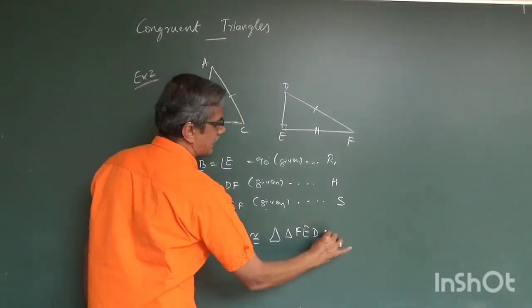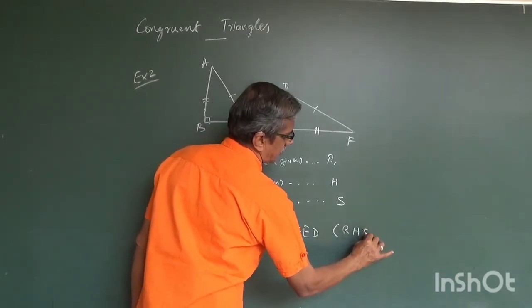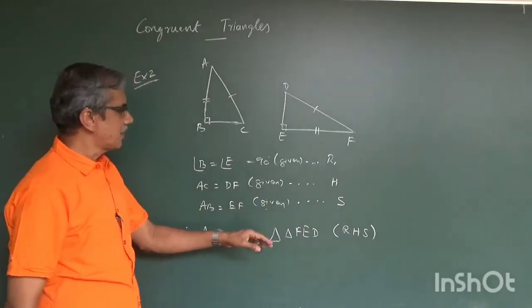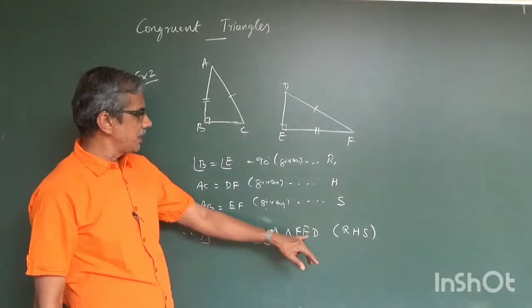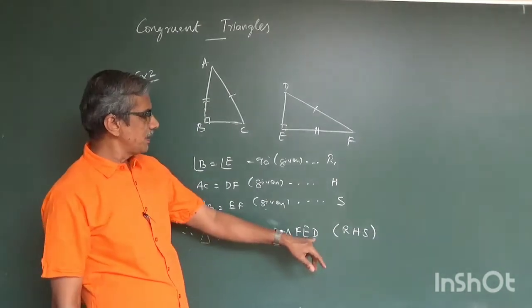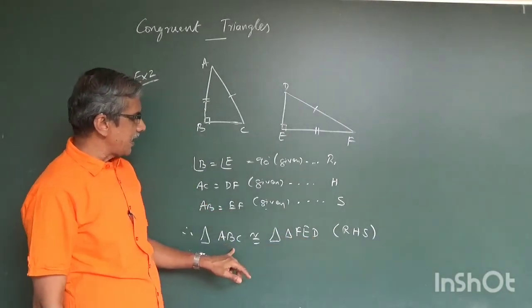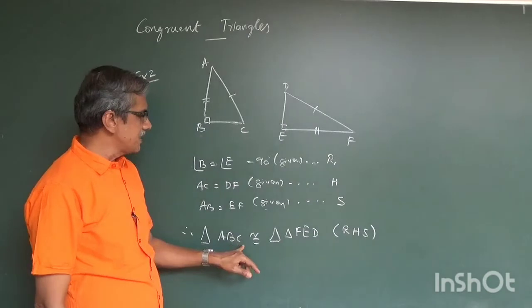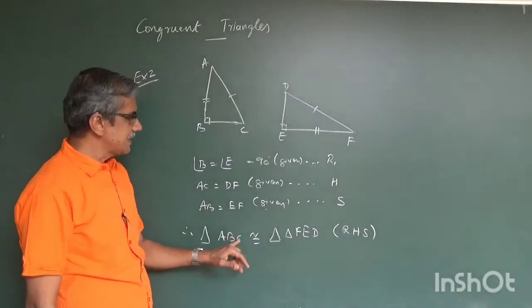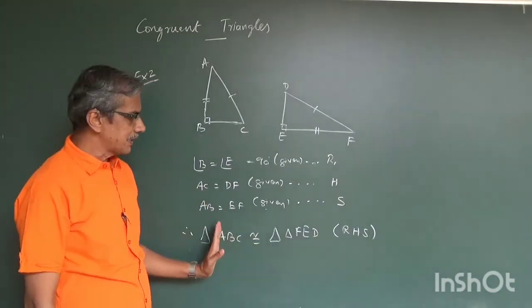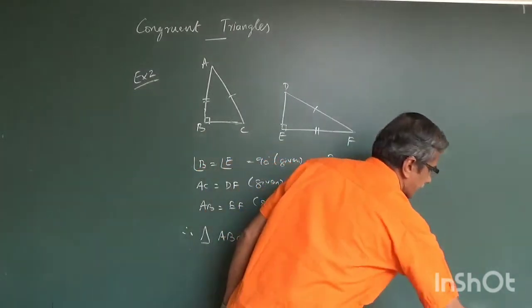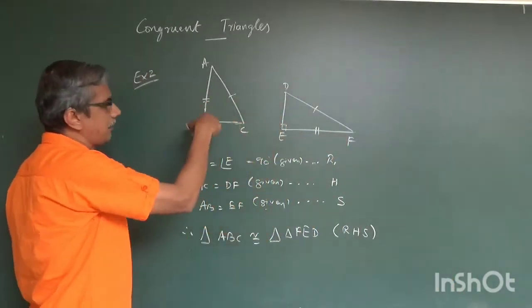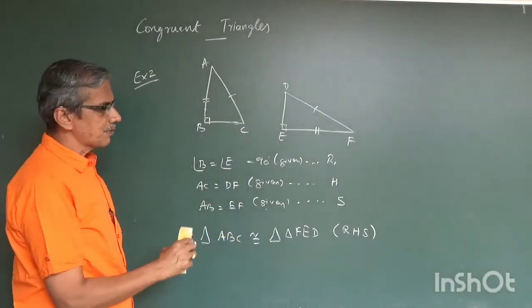I hope you understand. Better write the sequence, because accordingly we will say angle A will be equal to F, angle B will be equal to E, angle C will be equal to angle D, and side AB will be equal to FE, BC will be equal to ED, AC will be equal to FD. So that correspondence will become clear. So you have to match the vertices. Don't simply write A, B, C, D, E, F. You should not write like that.